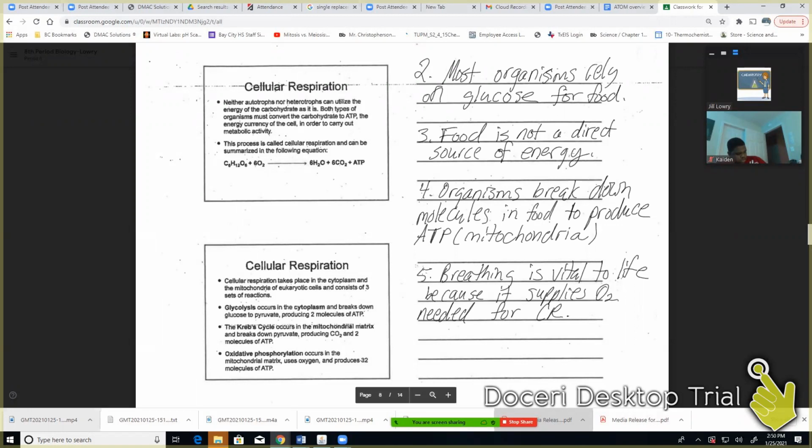And how we normally breathe, that's usually enough oxygen that is needed in cellular respiration to get the ATP we need. When you start doing really strenuous exercise for long, you get into what's called anaerobic exercise, and that's when you're not getting in enough oxygen to produce the ATP that you need, and then the body changes and it gets a few ATP in a different way we're going to talk about.